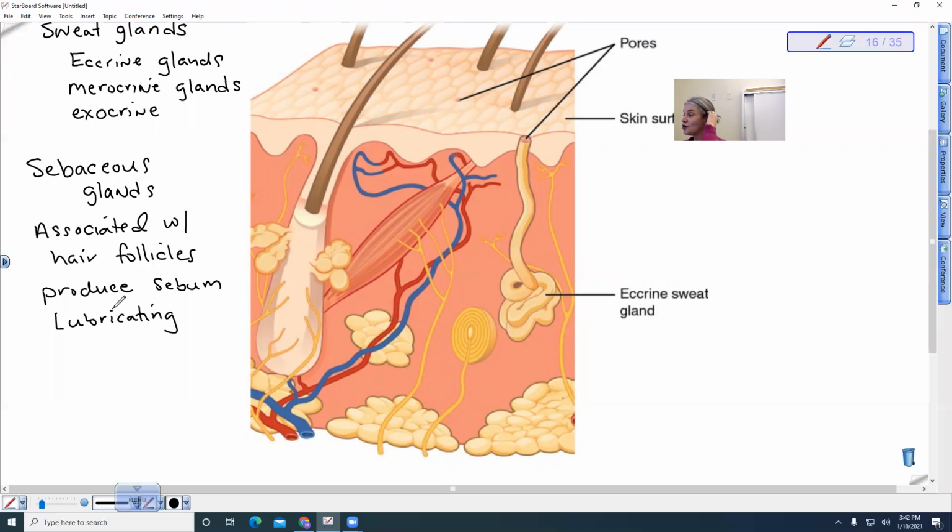The natural oils on the surface of your skin actually help keep the skin from cracking. So as you get older, you might produce less of this. And for example, your knuckles in the wintertime might dry out and crack, and then they bleed, and then they hurt, and then they could get infected, right? So sebum seems to be really annoying because it gives us oily skin, but it actually keeps the skin from cracking and drying and then opening up to possible infections.